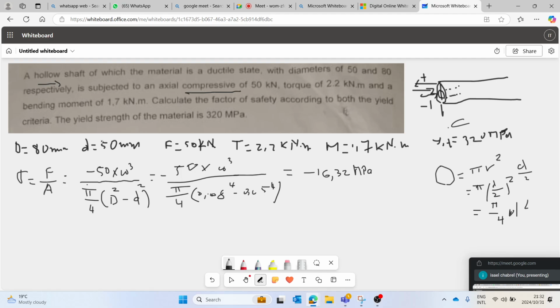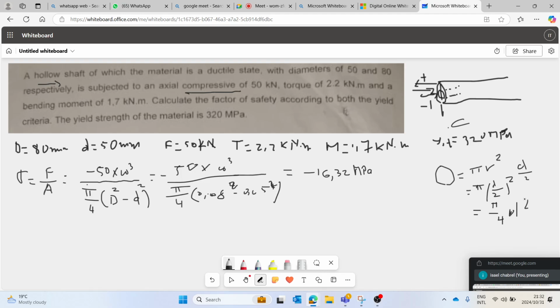Hi, I'm getting a different answer. You got a different answer because I made a mistake: power 4 instead of power 2. Oh, what's happening with me here? Isn't it supposed to be to the power 4? No, it's 2.